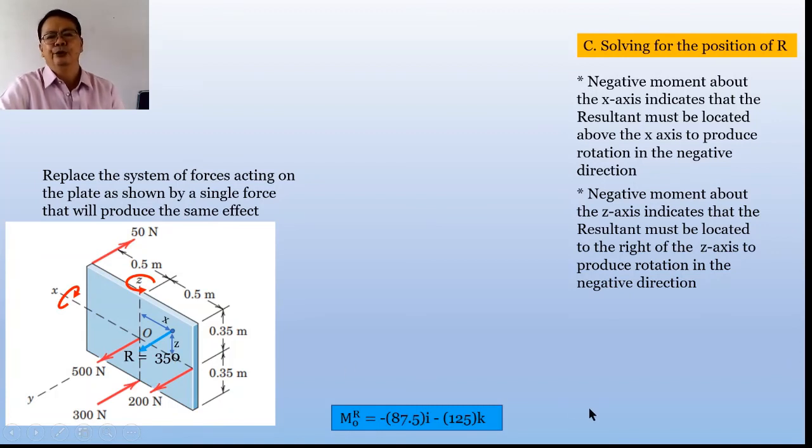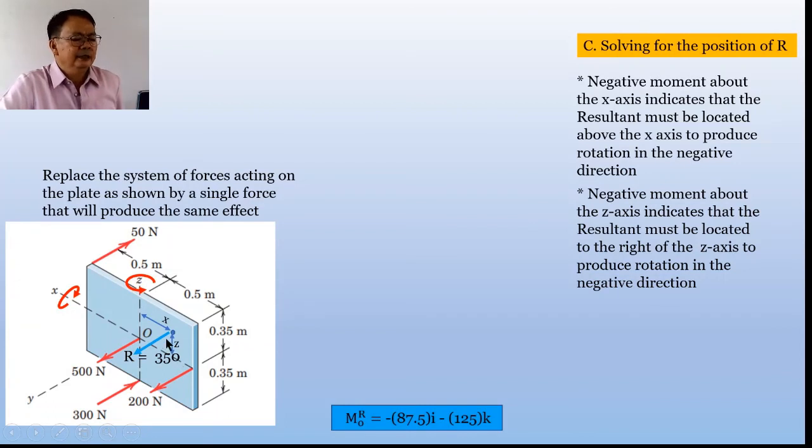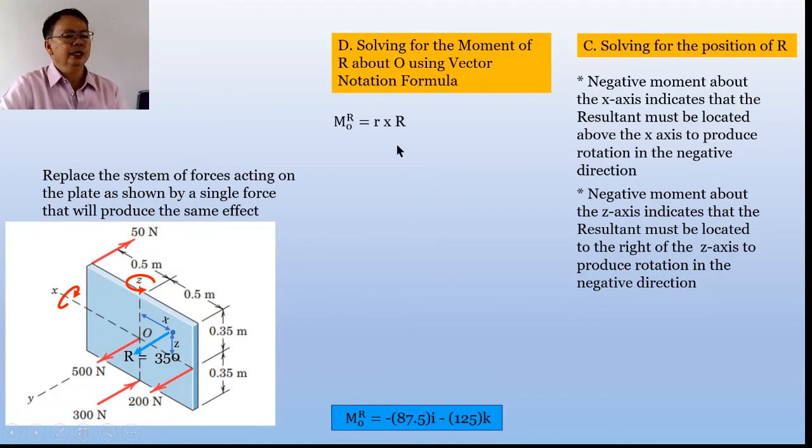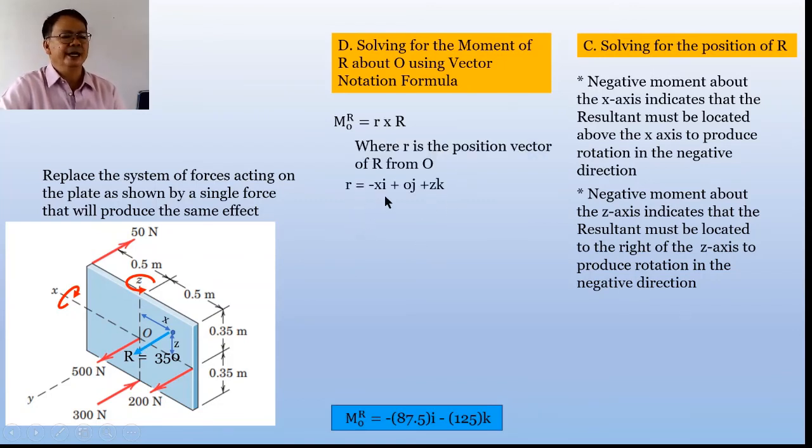And how are we going to do it? Okay, let us define, if R is directed along this direction, along that point, hence, we know that the moment of R about O using the vector notation is equal to the cross product of r cross R, where the small r is the position vector of the resultant from the axis of moment, which is at O. And that is equal to xi plus 0j plus zk.